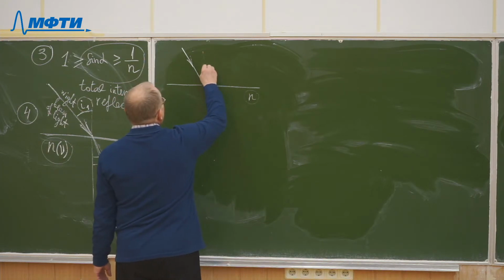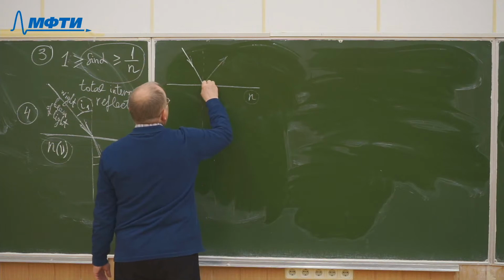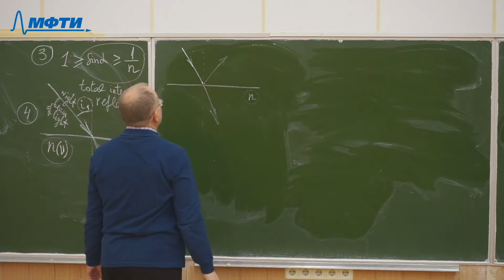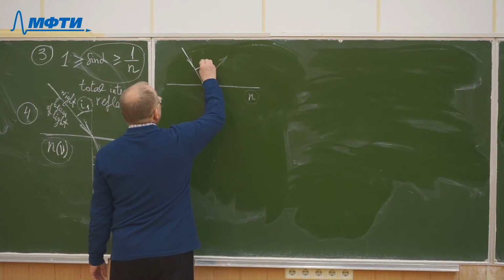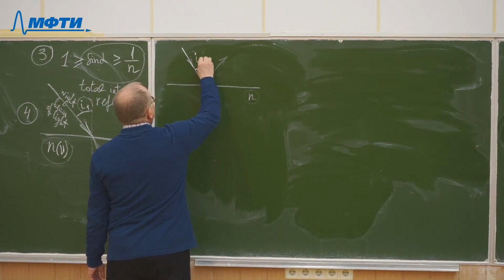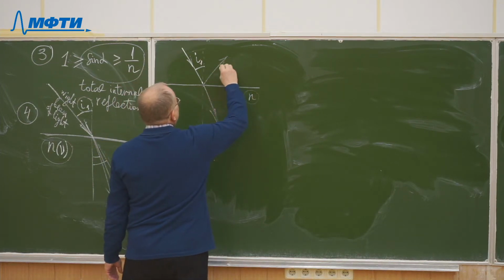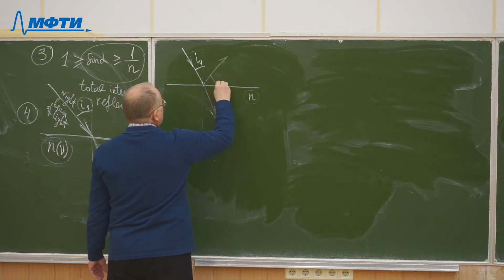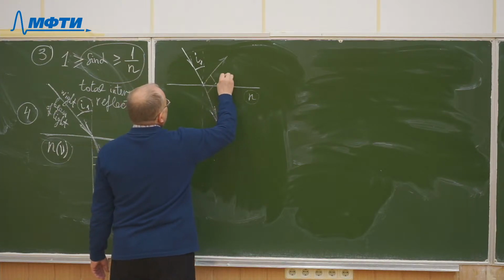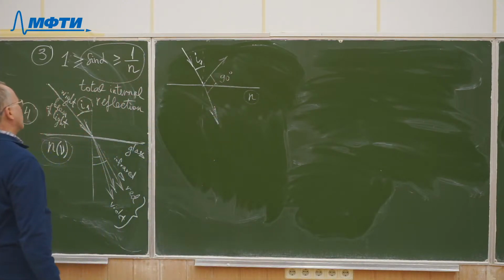And so there will be some reflected light and some refracted light. And the problem says, what must be the angle of incidence if the reflected light and the refracted light propagate at 90 degrees to one another?